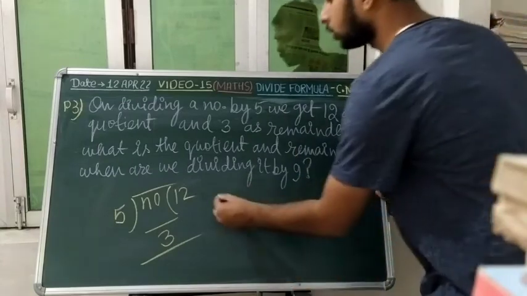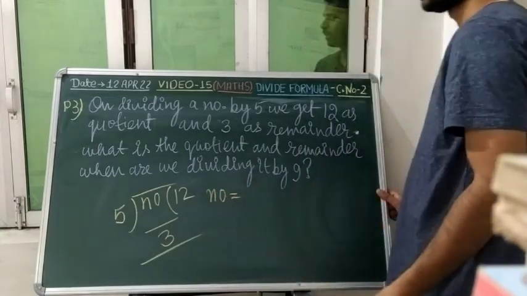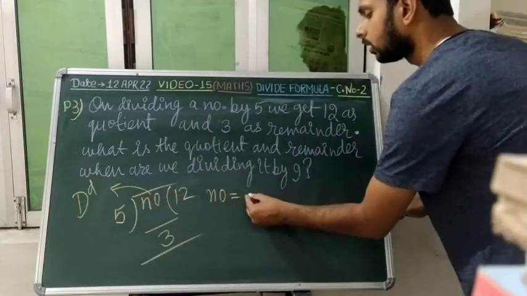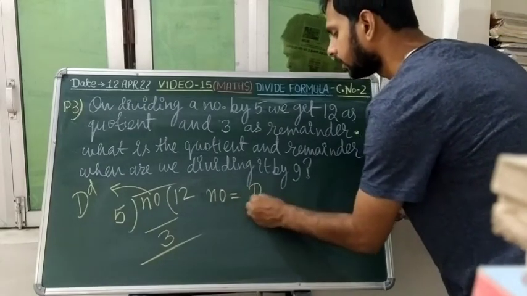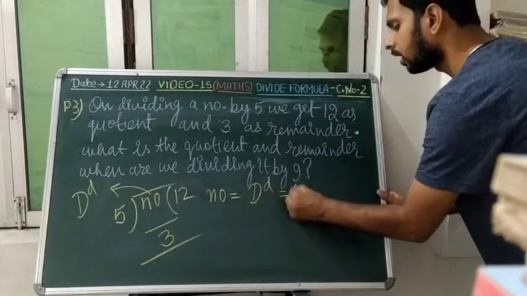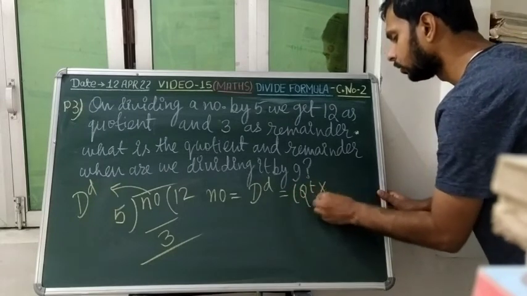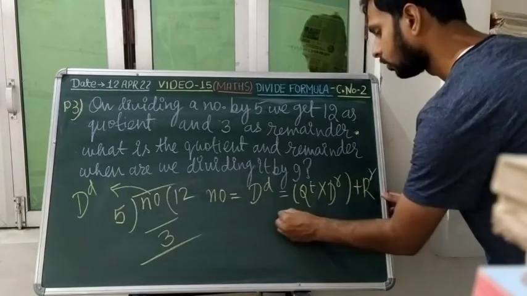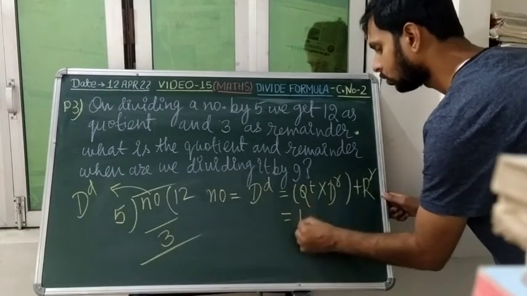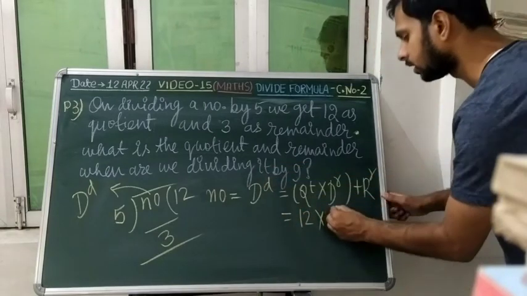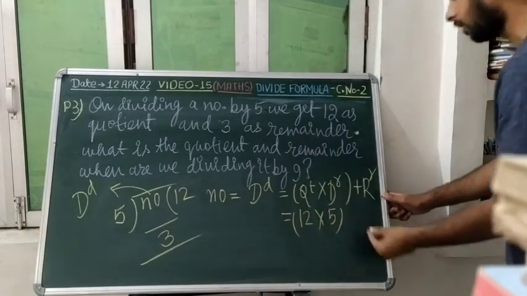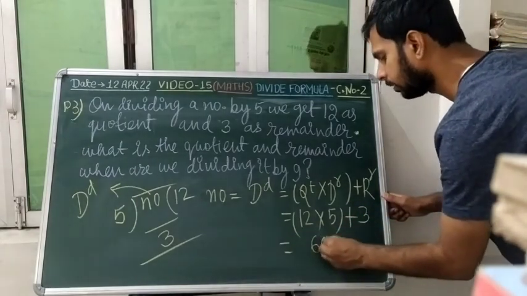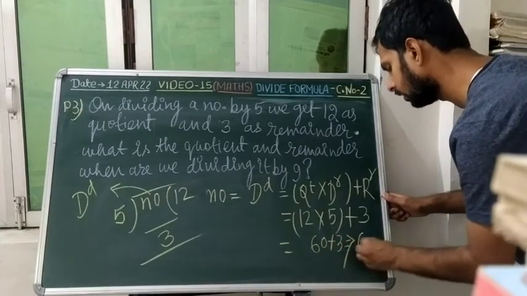So our first approach is to find out the number, and we know this number is nothing but the dividend, and dividend is our quotient into divisor plus remainder, that is 12 into 5 plus 3. So this 60 plus 3 will give you 63.